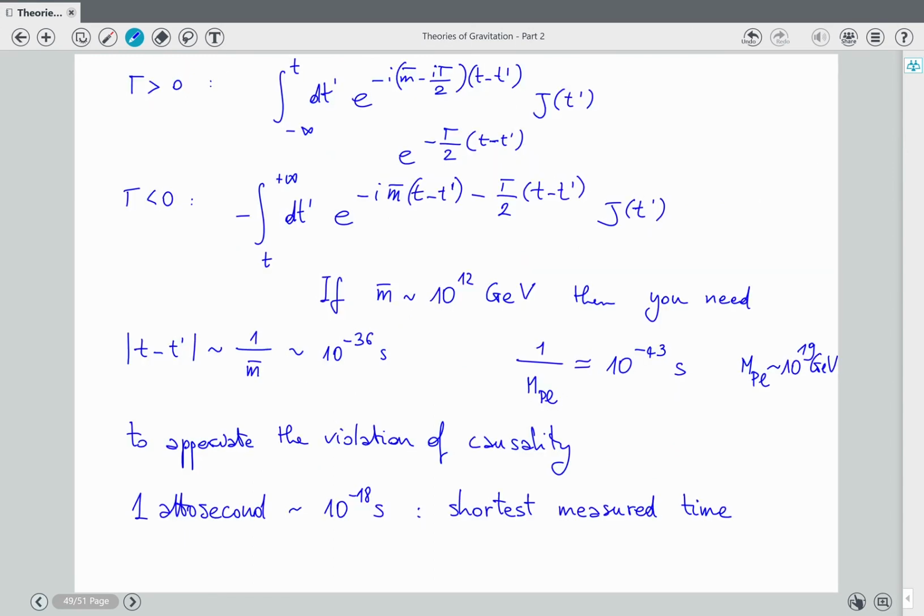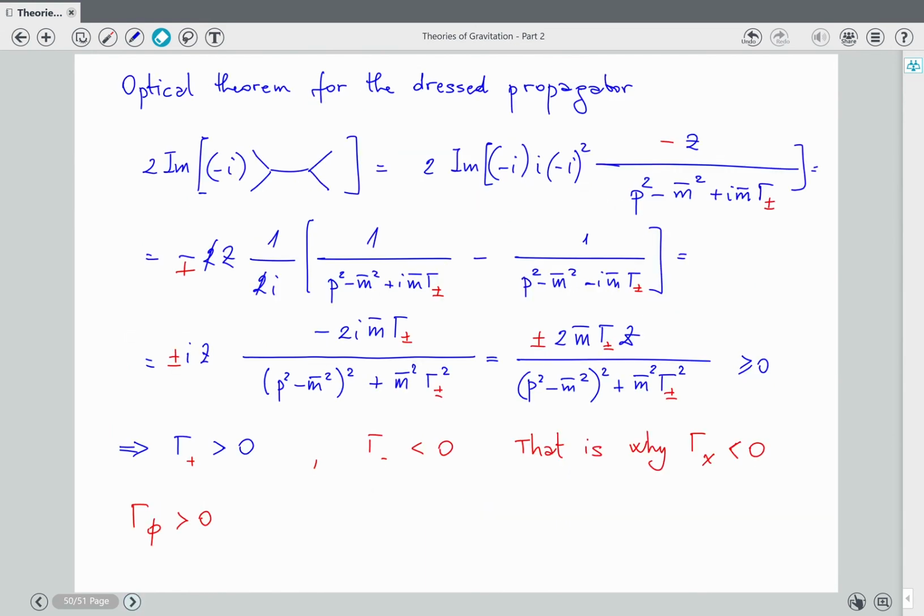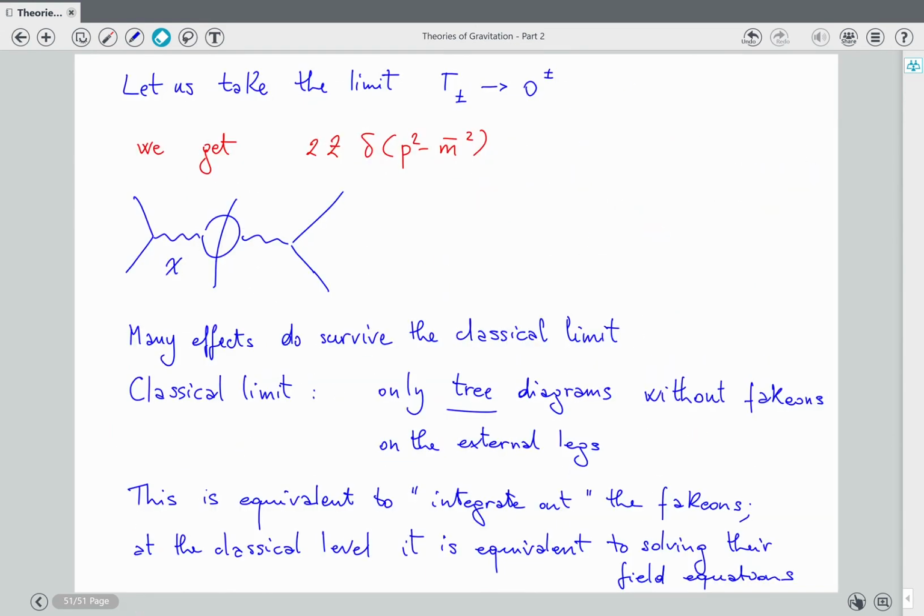And that's why integrating them out or not, solving their field equations or not, will not change anything as far as the amount of degrees of freedom is concerned, because they are not among the degrees of freedom. So at the quantum level, they are not among the asymptotic states, and at the classical level, they are not in the final classical action.